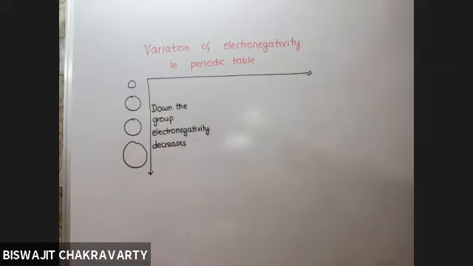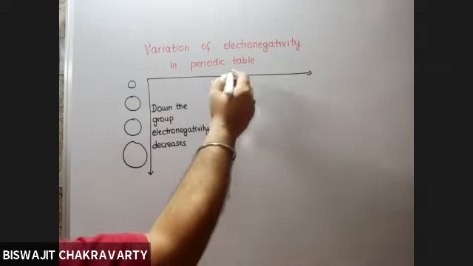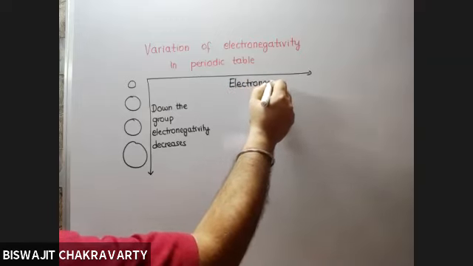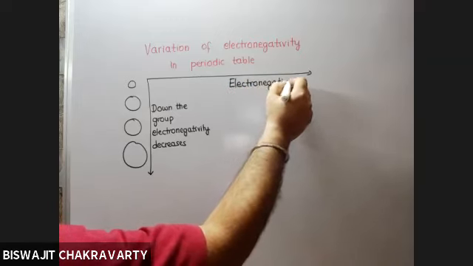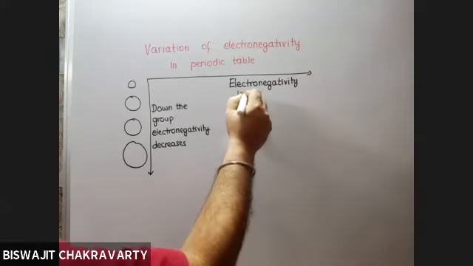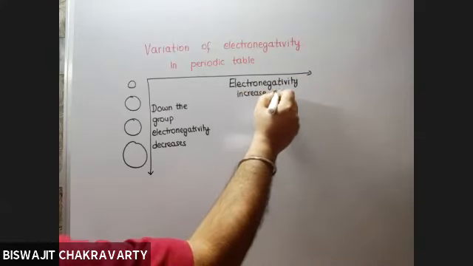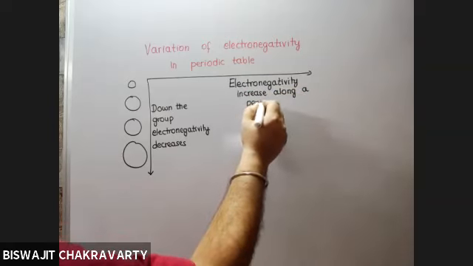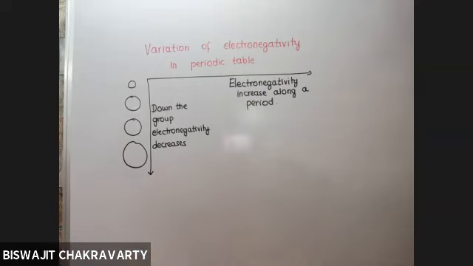Along a period, the trend is always the opposite to that of what is shown down the group. So along a period, atomic size gradually decreases, so electronegativity increases. And because electronegativity is always compared in combination and group 18 elements do not combine, which group is finally supposed to have the highest electronegativity?